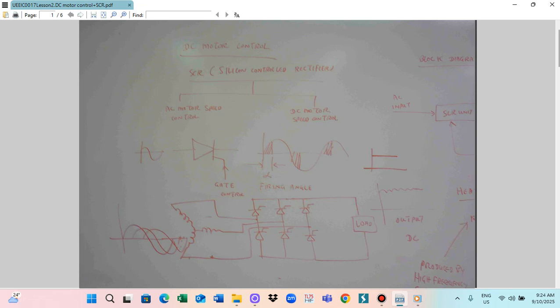Then we also utilize the SCR in the converter system. This is a three-phase system. For three-phase we use the SCR as a three-phase bridge system, and this we connect to the load.